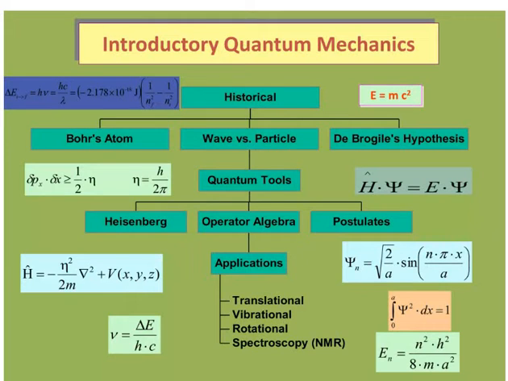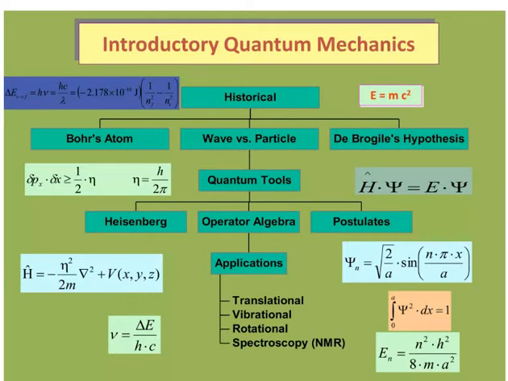Now you can see Bohr's atom, wave versus particle, and the de Broglie hypothesis. Here, the Heisenberg uncertainty principle, quantum tools like operator algebra and postulates.